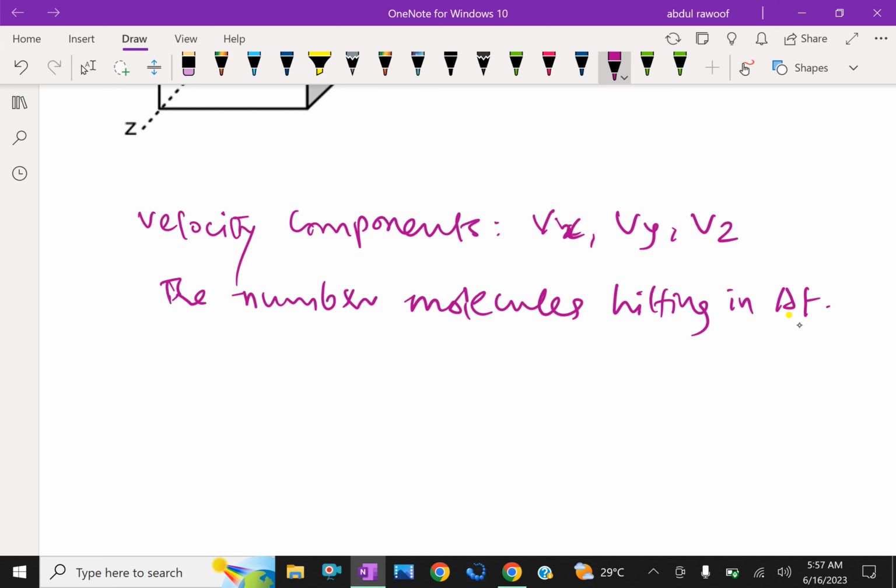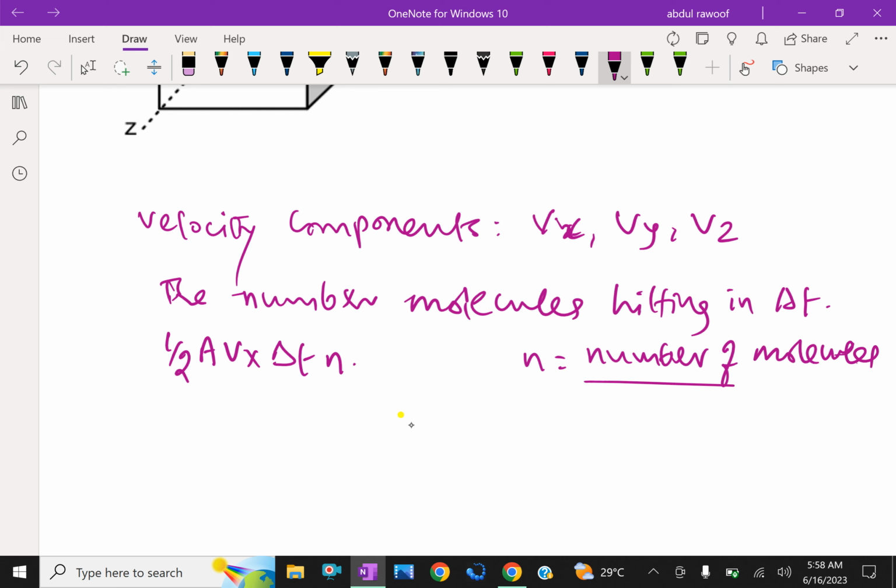That number is half the area times Vx times delta t times n, where n is the number of molecules per unit volume.